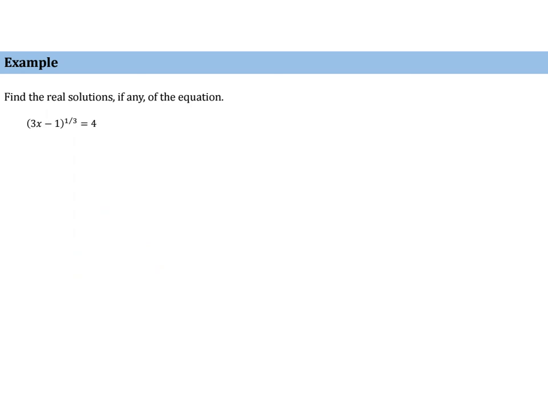So now here we have an equation where we have a rational exponent. It'd be beneficial to remember that if we have a power that is fractional, say 1 over n, that is the same thing as the nth root. So here what we have is 3x minus 1, take the cube root. So notice the denominator of the exponent is the index of our radical.